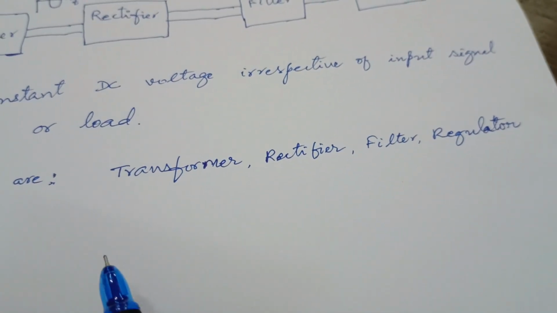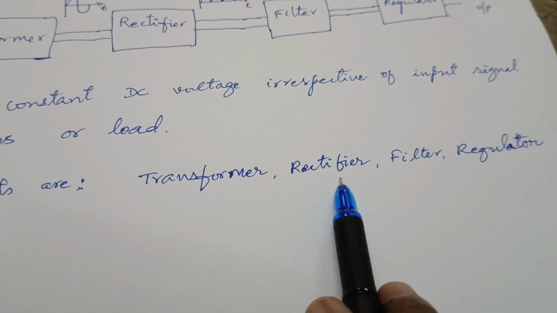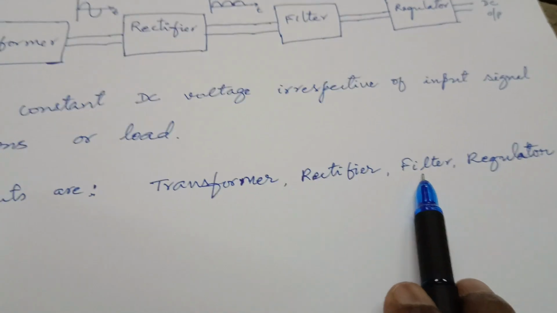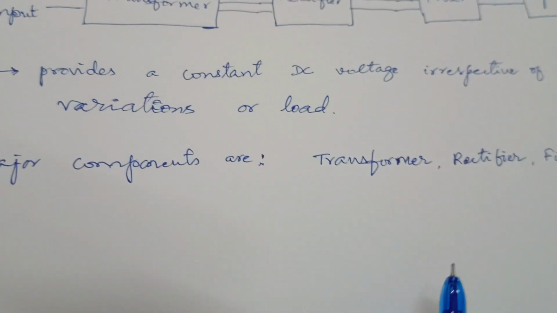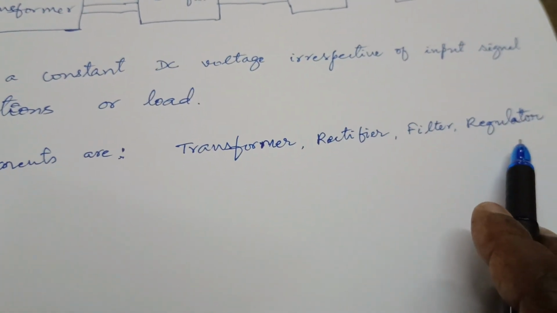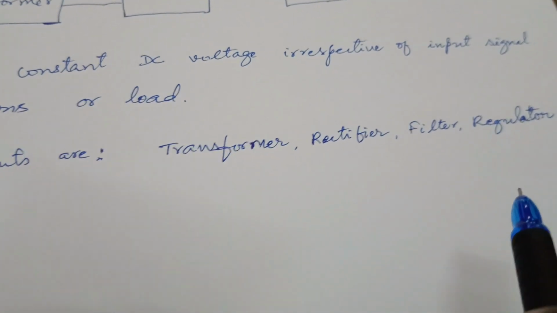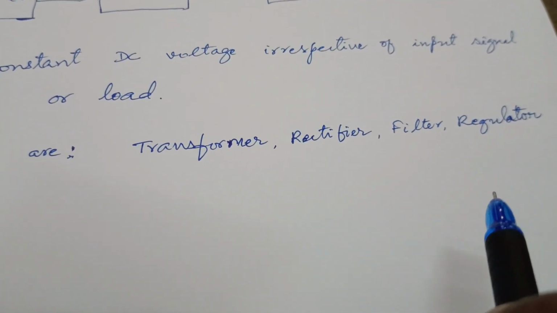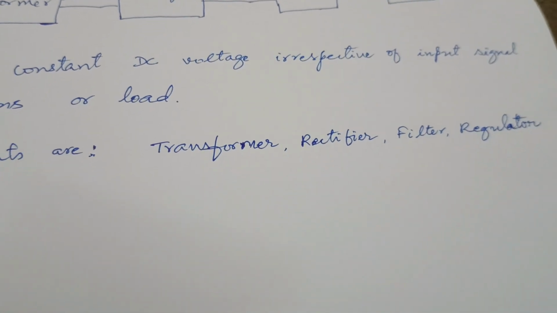So there are four major components: transformer, rectifier, filter and regulator. Now let us understand the function of all the four components, the purpose of transformer, rectifier, filter and regulator in the regulated DC power supply.